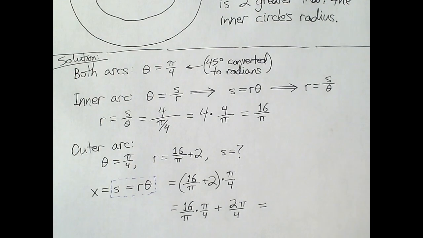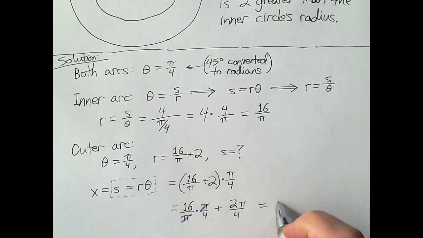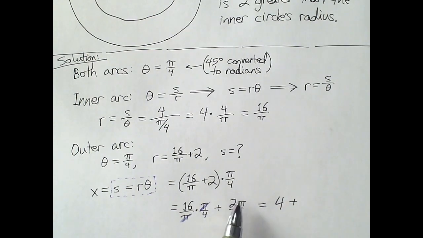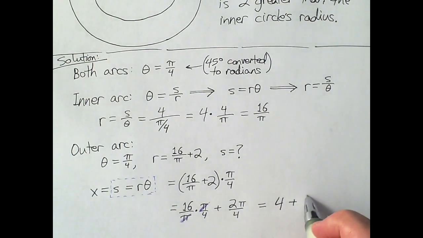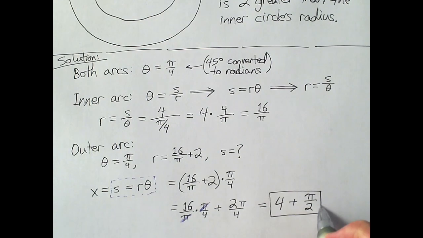Pi over pi cancels out. Pi over pi. All right, 16 over 4 is 4 plus 2 over 4. Don't leave your answer as 2 over 4 pi. I don't want to see an answer that has 2 over 4 in it. You should know that 2 over 4 is 1 over 2. So this is pi over 2. And that's the answer. 4 plus pi over 2.